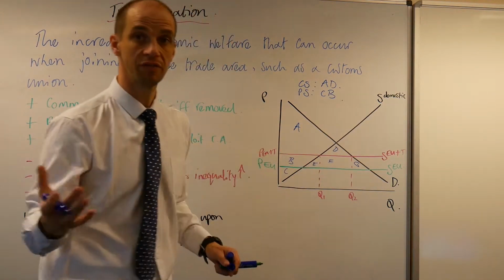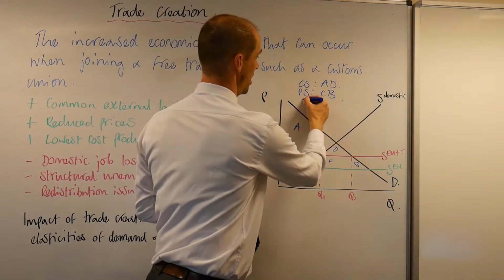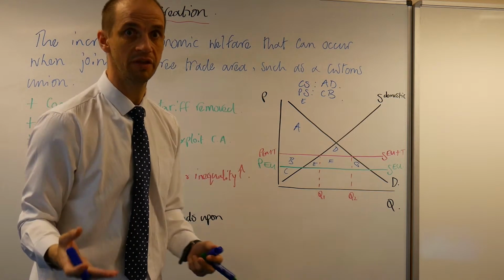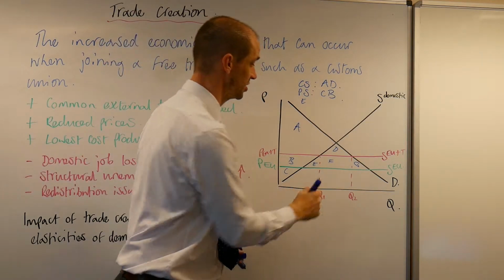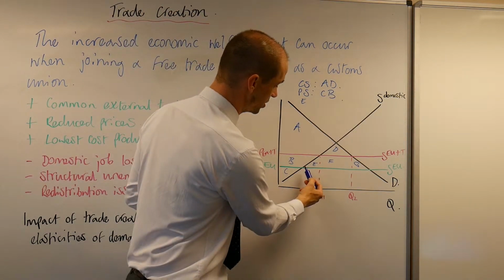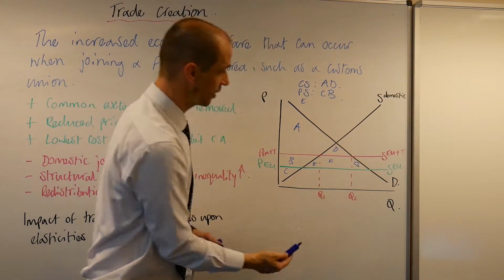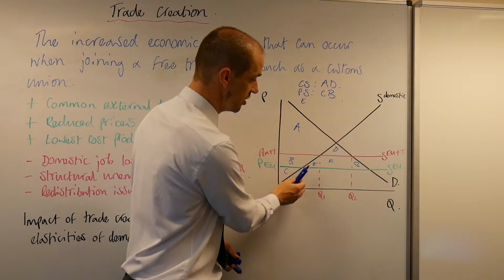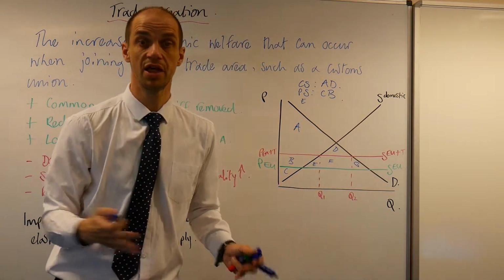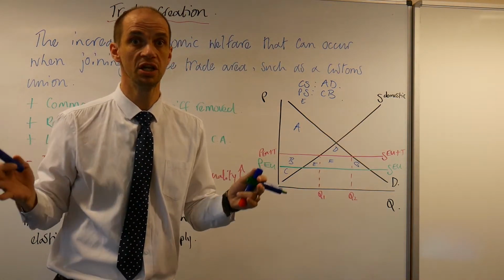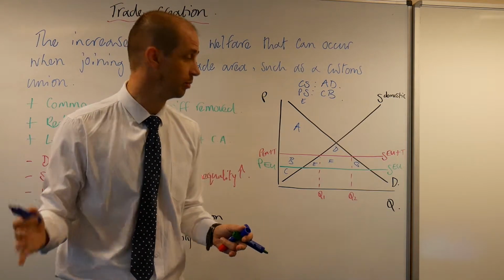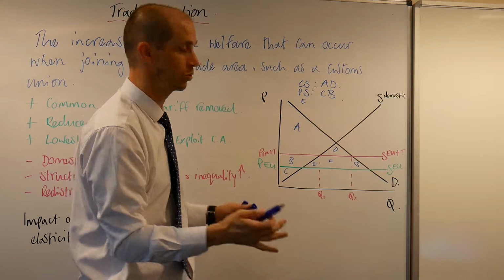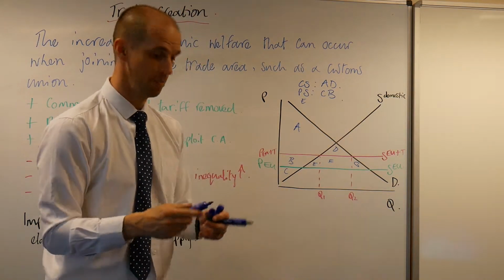E reflects a real area of loss of dynamic efficiency within that domestic economy, because if there was a free trade scenario in operation, these businesses would not exist, and those resources could be shifted elsewhere in the economy, of course. So removing the tariff causes quite a dramatic impact here.